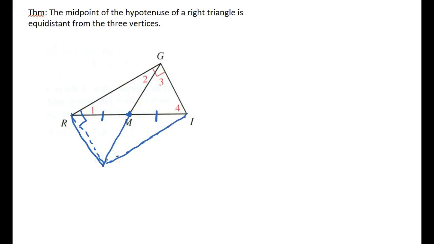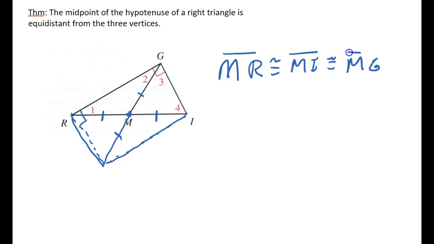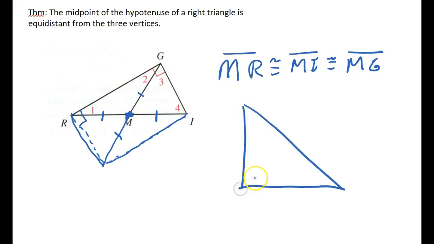And remember that the diagonals of a rectangle are congruent and they bisect each other. Therefore, all 3 pieces are congruent. Therefore, MR is congruent to MI is congruent to MG, which means that if I've got a right triangle and there's the midpoint, that midpoint of the hypotenuse is equidistant from all three vertices.